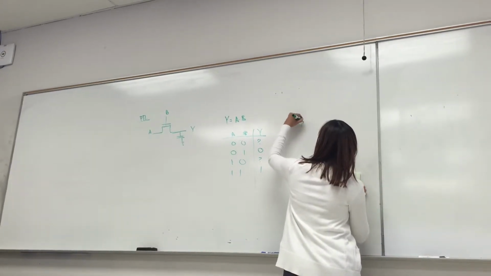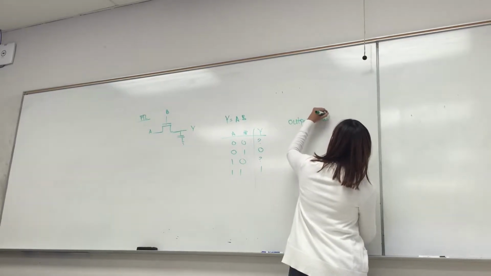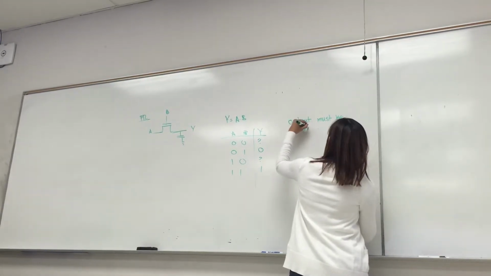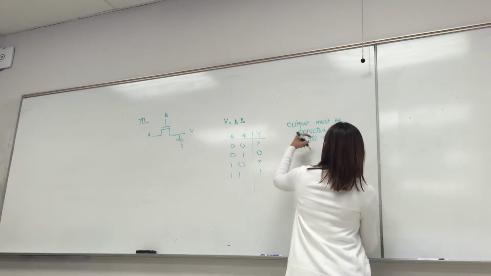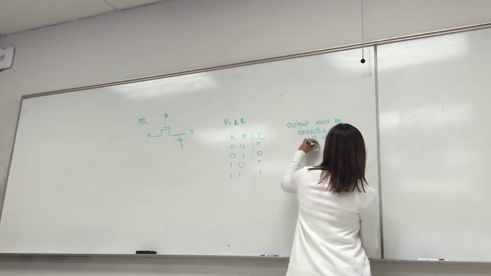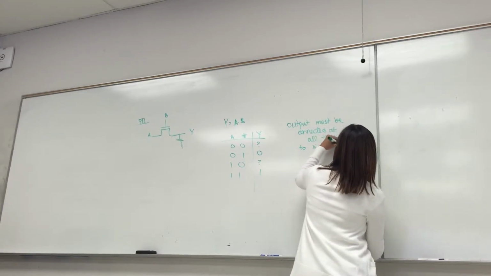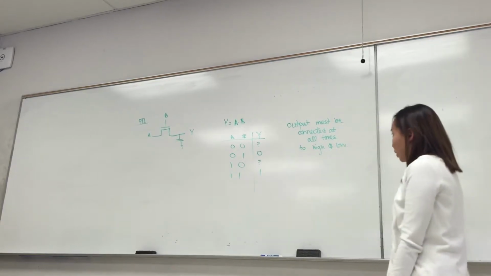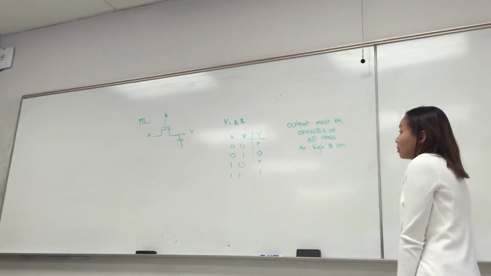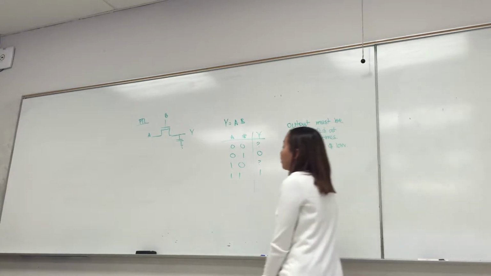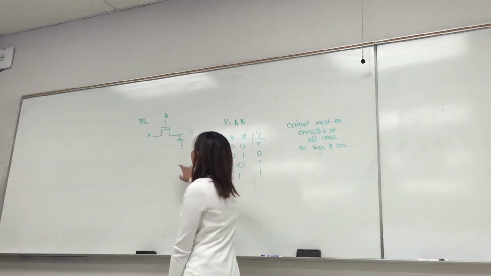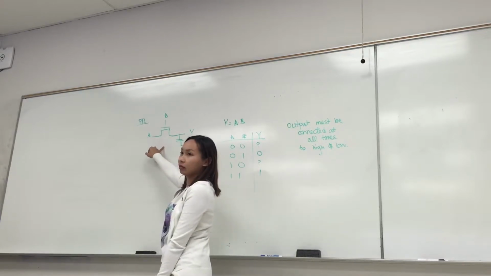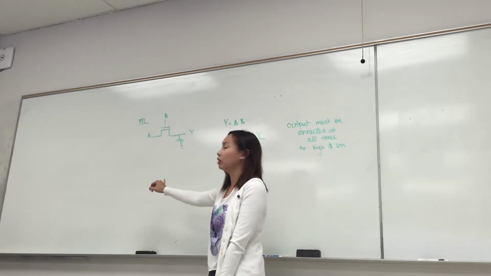output, so when it means output must be connected at all times to high and low, it means Y must have the vice versa of B not of the control.